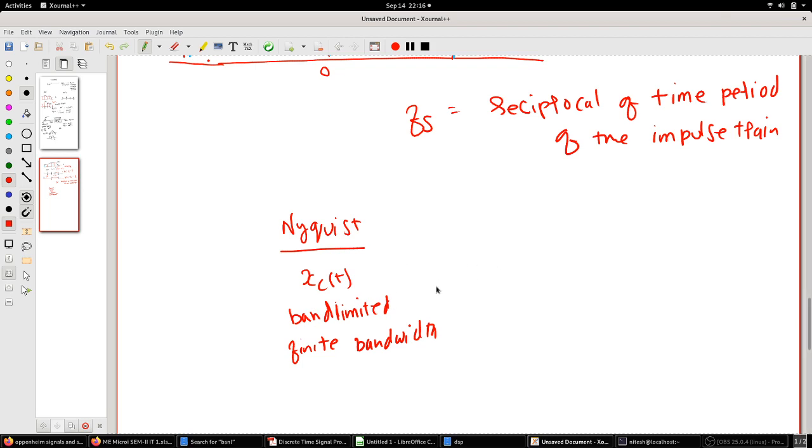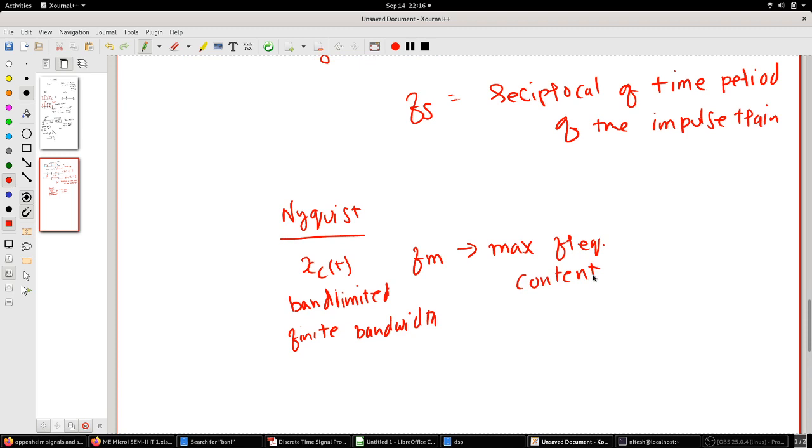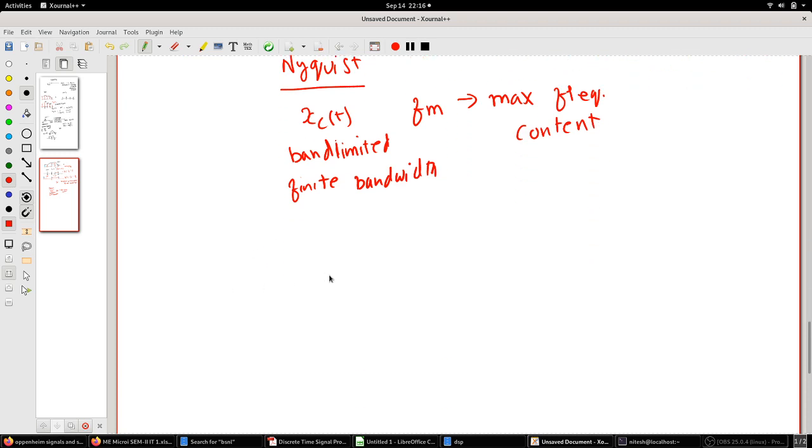We know that if this xc of t has a finite bandwidth, and let's assume that fm is the maximum frequency content, and then I use a sampling frequency fs, which is the impulse train frequency, right?